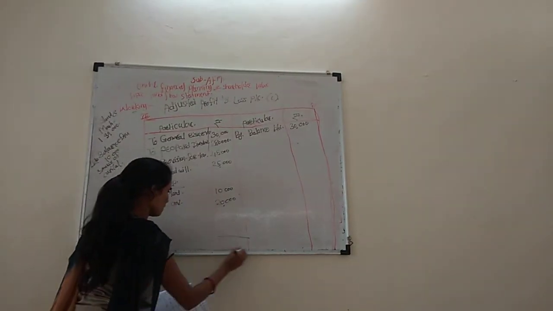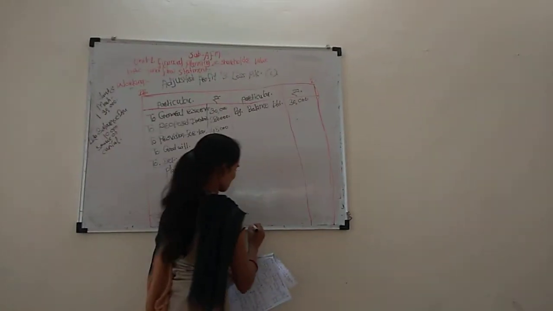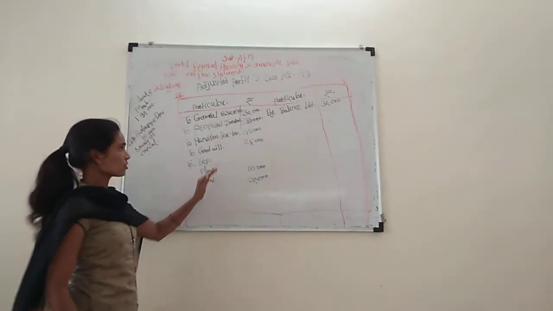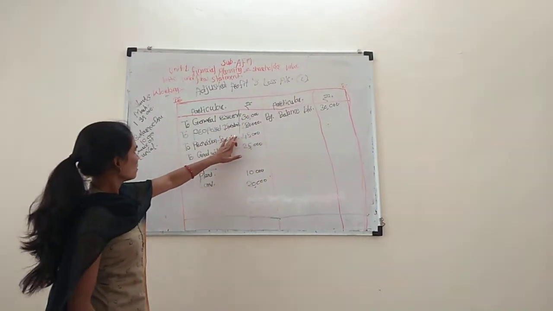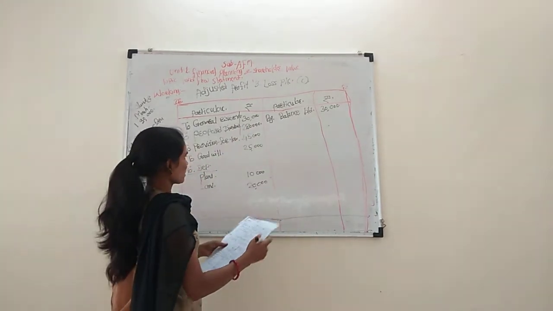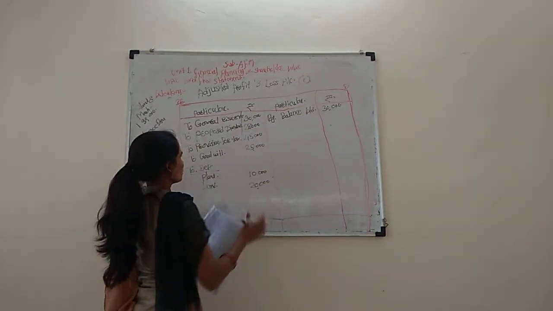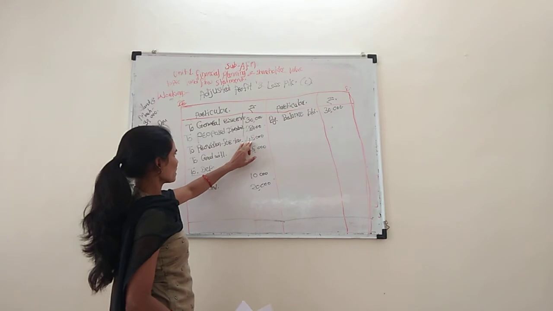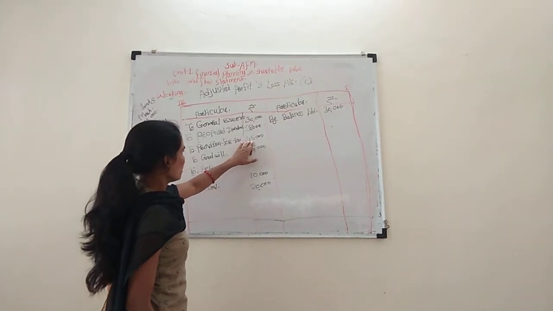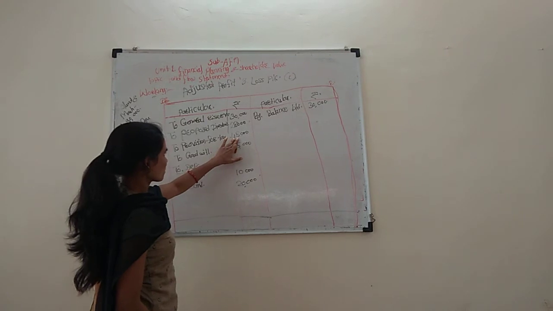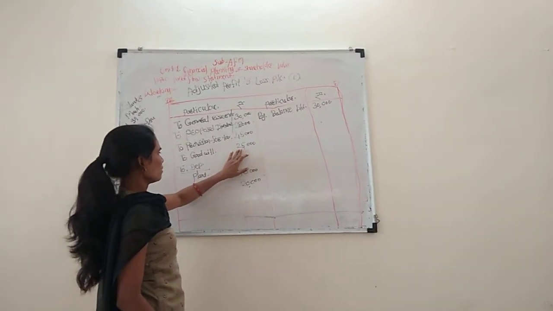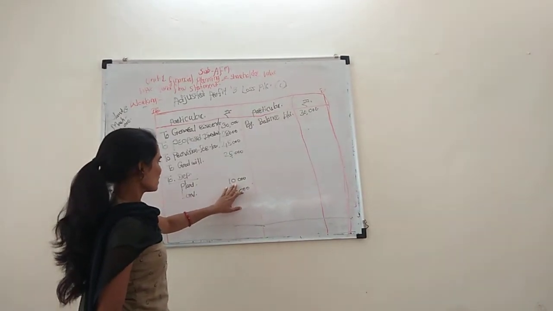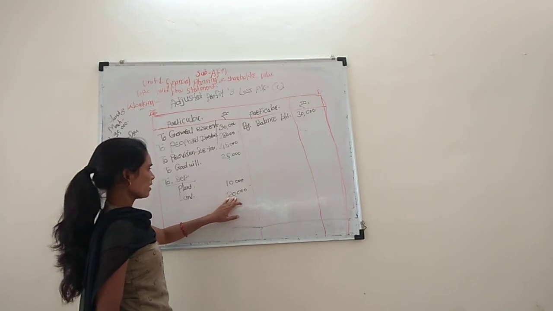This side total: 30,000 plus 28,000 is equal to 58,000, plus 45,000 is 1 lakh 3,000, plus 25,000 is 1 lakh 28,000, plus 10,000 is 1 lakh 38,000, plus 20,000 is 1 lakh 58,000.